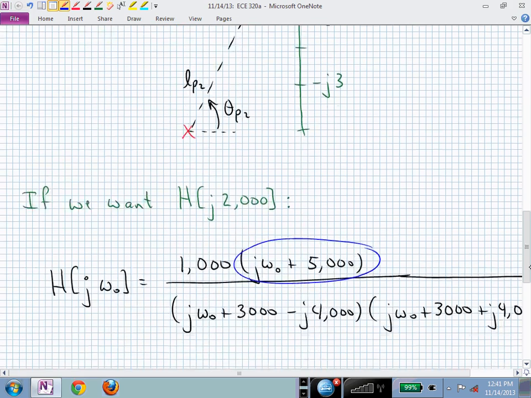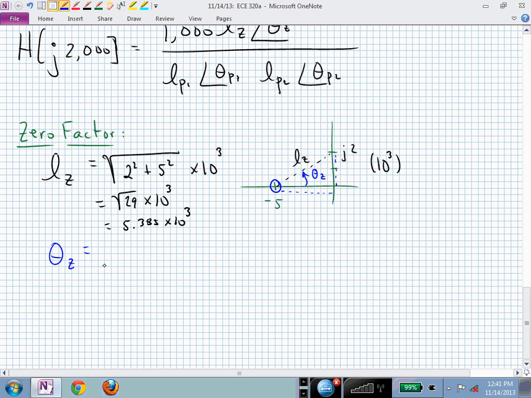The angle of theta sub z is now the inverse tangent of, opposite over adjacent, isn't it, is the tangent. So this one is now 2000 over 5,000, and all of those zeros conveniently cancel, and we really are just left with the inverse tangent of 0.4. You need to make sure your calculator is giving you the right units, or you're using the units that you think you are, but that's now 21.8 degrees.